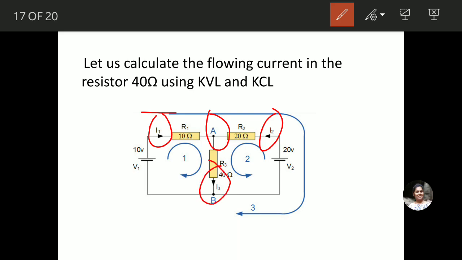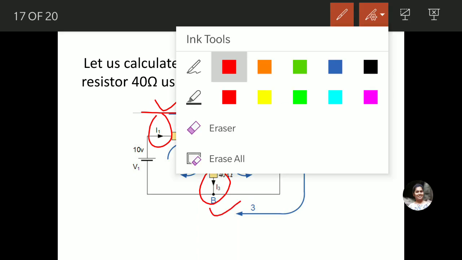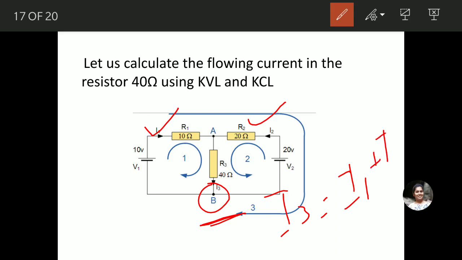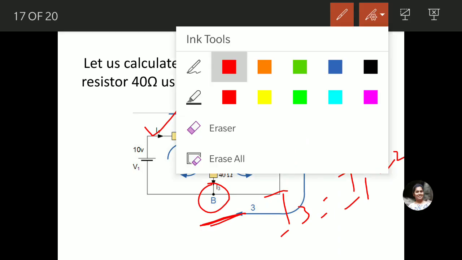So what I can write is that I1 plus I2 is equal to I3. Coming to node B, the incoming current is I3 and the outgoing currents are I1 and I2. So for node B, I3 is equal to I1 plus I2. These two can be written based on Kirchhoff's current law.